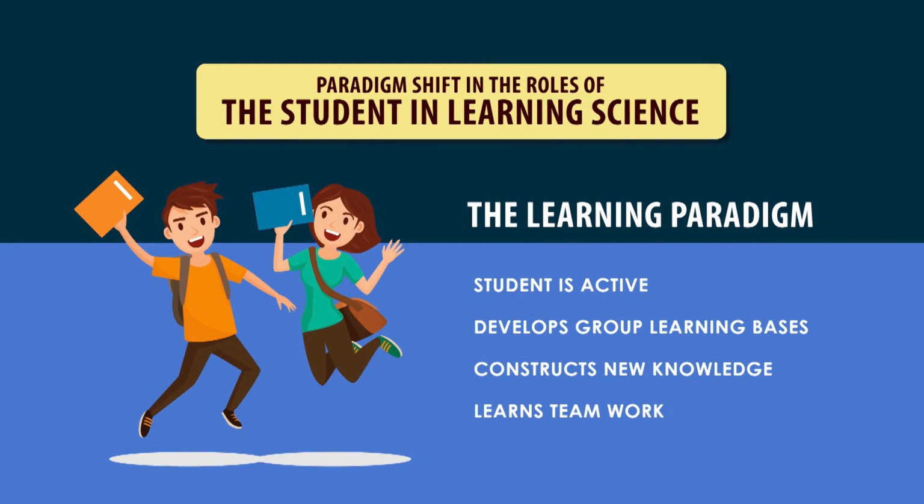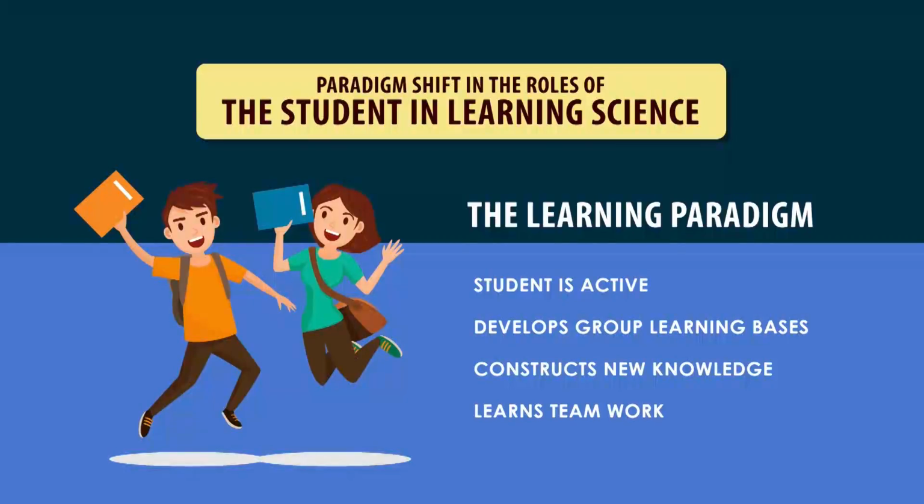When a child is active, he is discussing, he is arguing, he is saying his own idea, and in doing so, he has a group learning basis. That means the knowledge which he has is not only his own. He has checked with all the friends around him, and in that way he develops his own constructs of new knowledge. And that is what science is. You have to develop your own knowledge.